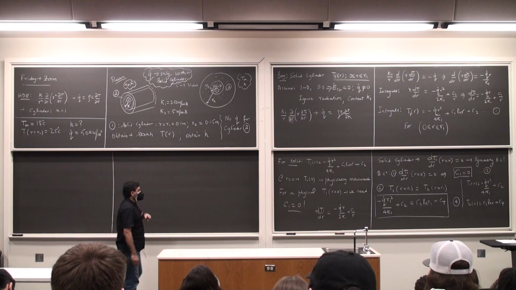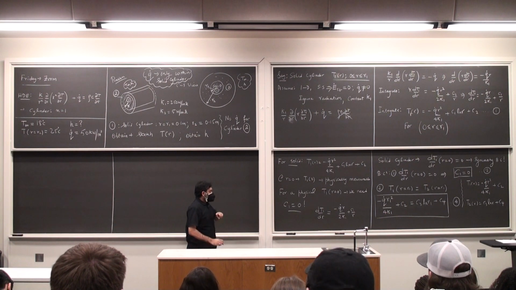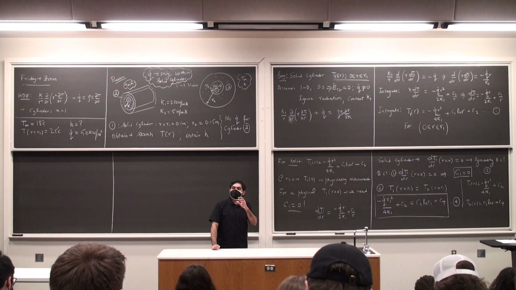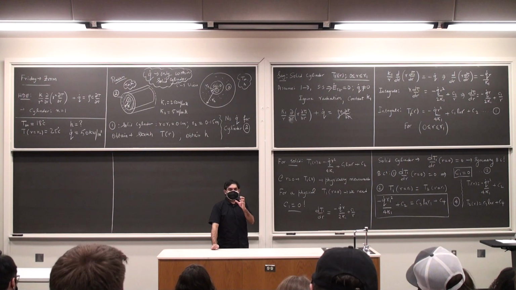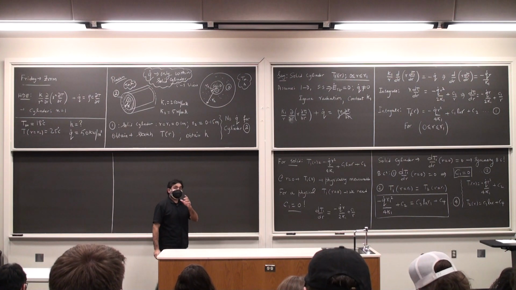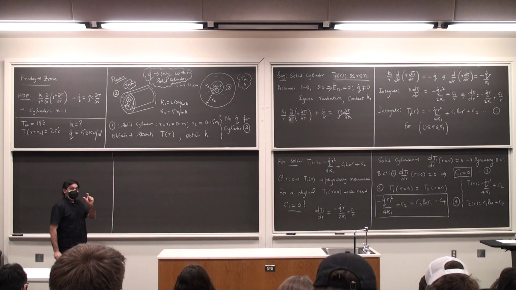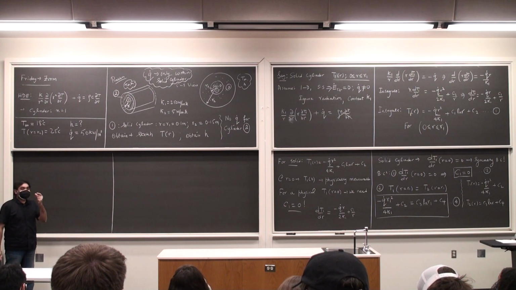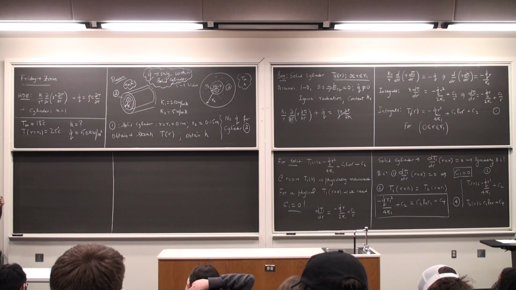Here is what we need to do. At the interface, R is equal to R1, I can perform a surface energy balance. Okay, which means that if I perform a surface energy balance, my volume is approximately 0, so I do not have any volumetric effects considered. So the rate of change of energy stored is 0. The energy generation rate is 0 as well.